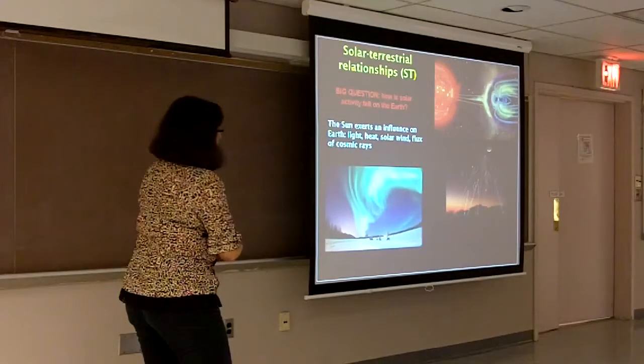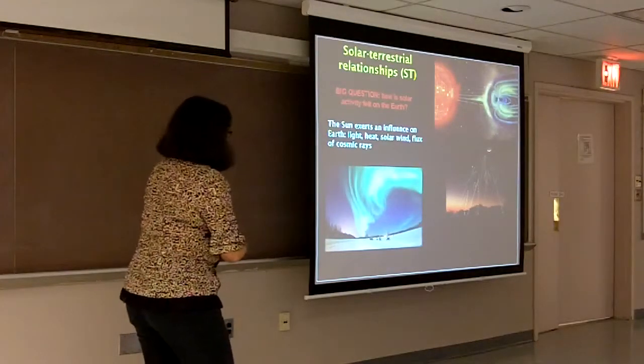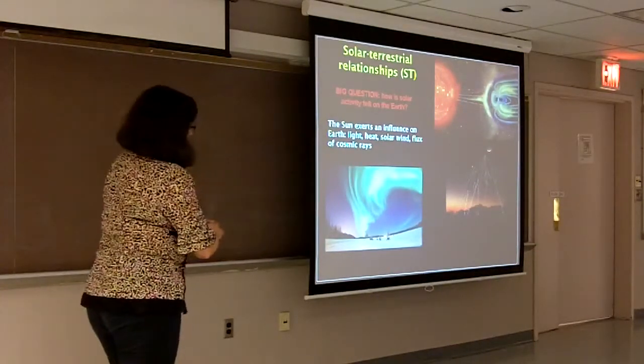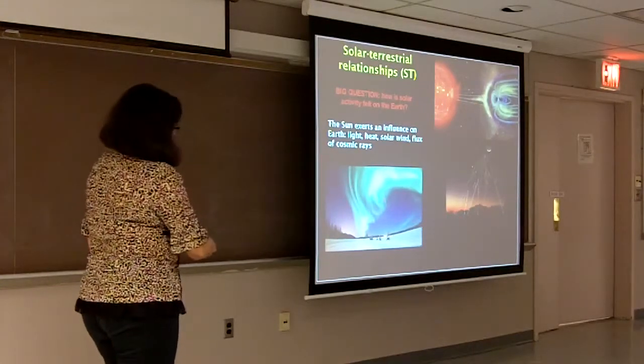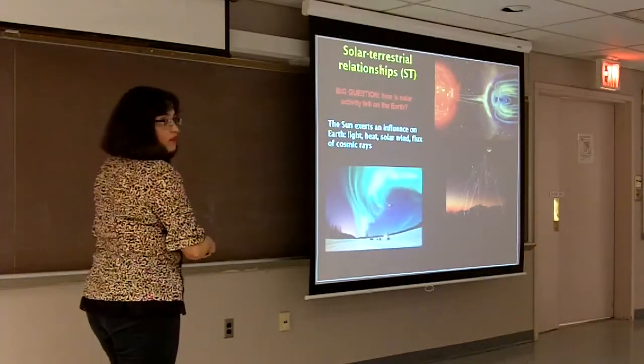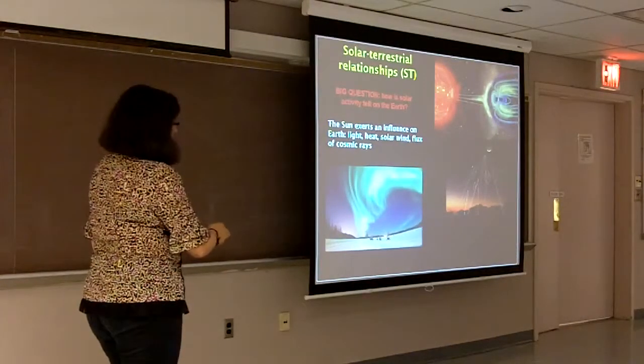This kind of interaction is called showers. And as a consequence of this type of interaction, you can see, for example, the auroras in the northern part of the planet. So it's because of the result of this type of interaction.